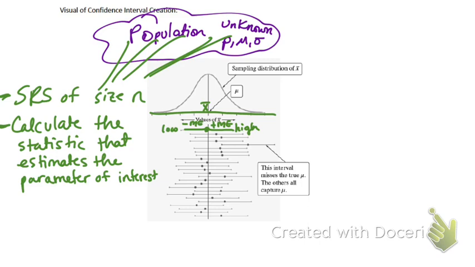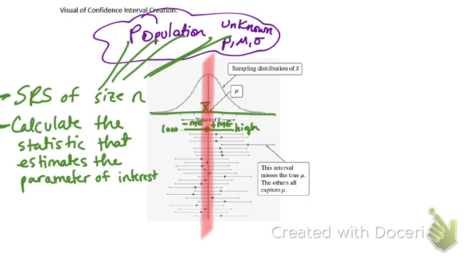And now I have an interval. This interval has hopefully captured the true mean for this population. Now, this particular interval, this first one, does it capture the true mean? Well, it looks like the true mean is going to be right here, right? So this one does capture it because it goes across where the true mean is.